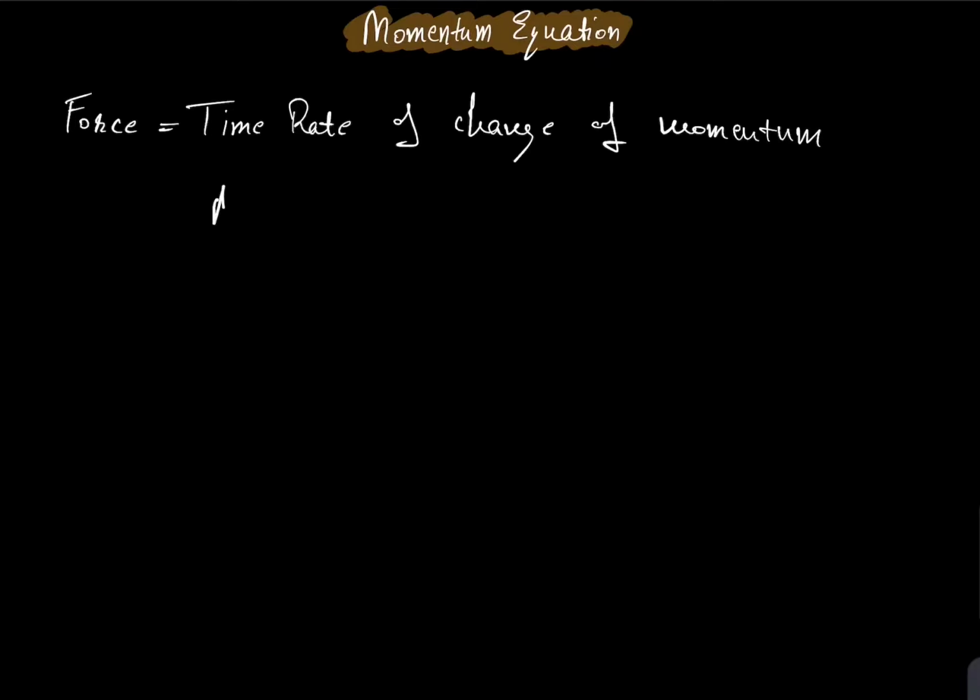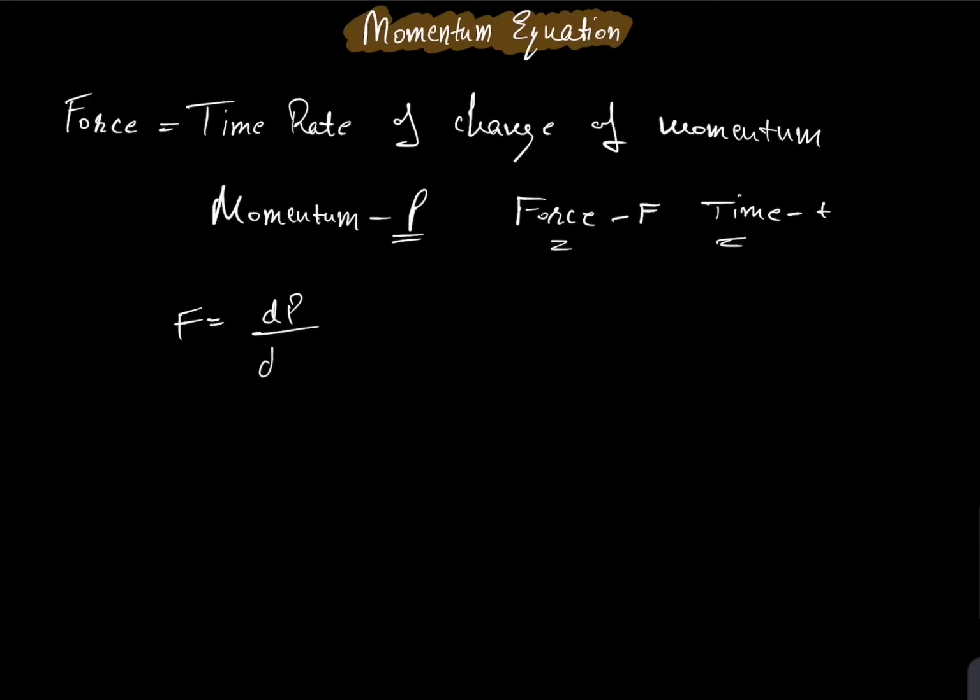Let's say I denote momentum by P, that's a common denotation, and force by F, and time by t. So F will be equal to dP by dt. This I can derive from Newton's second law.